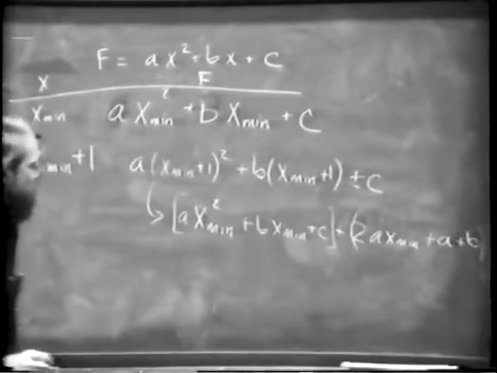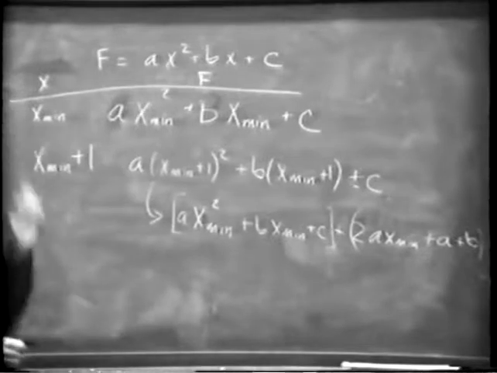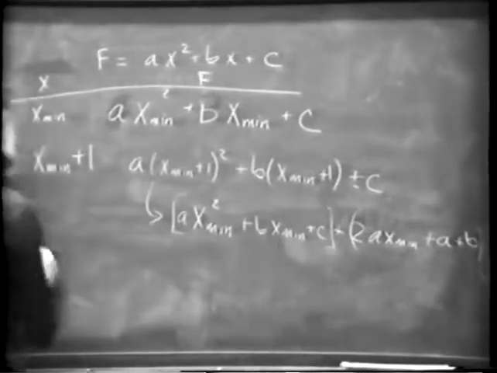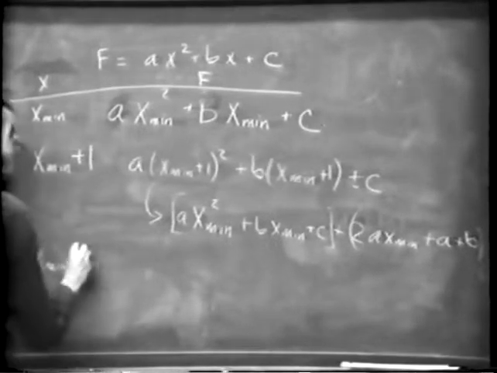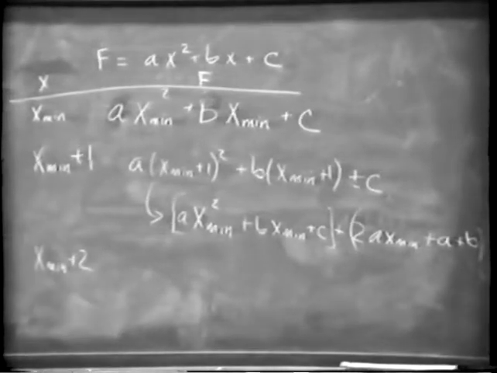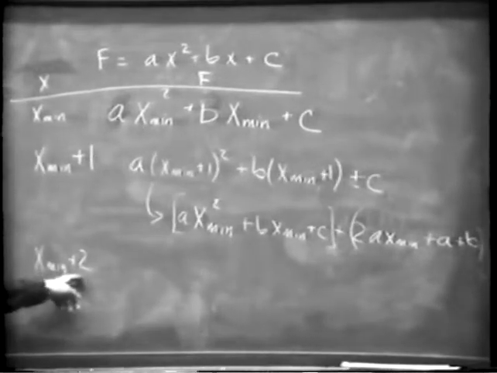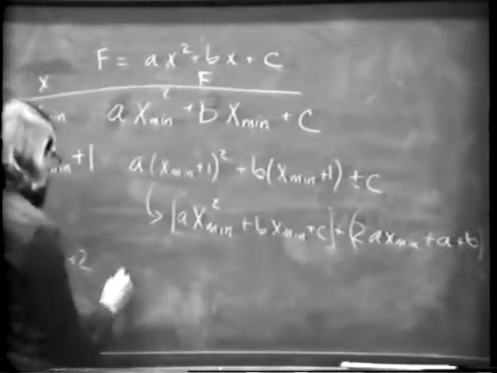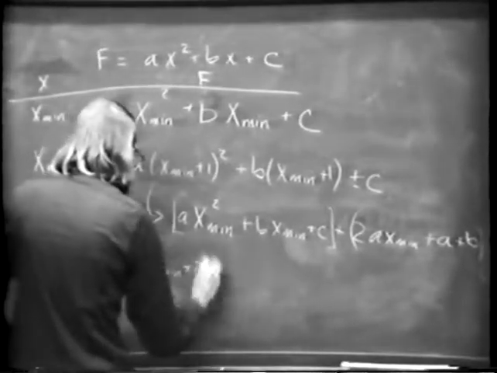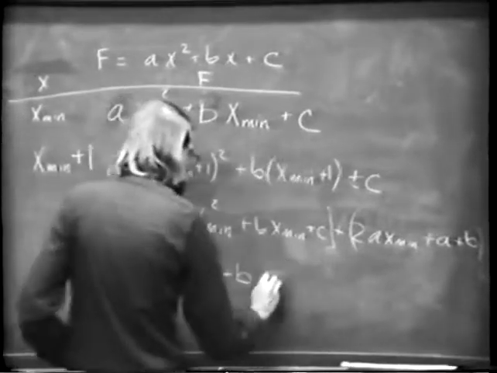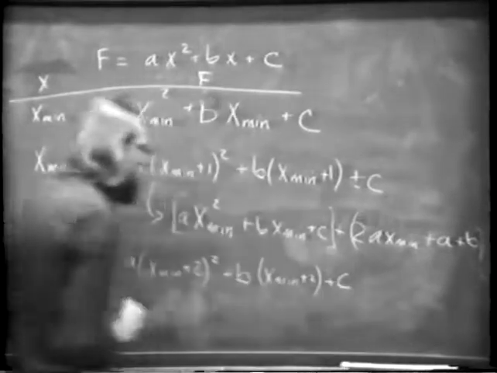Like that, right? The next pixel across from that thing is going to be x min plus 2. Plug that into here, and we get that.